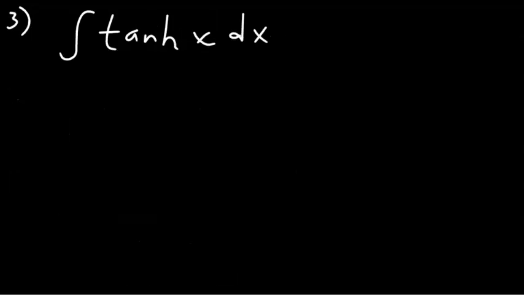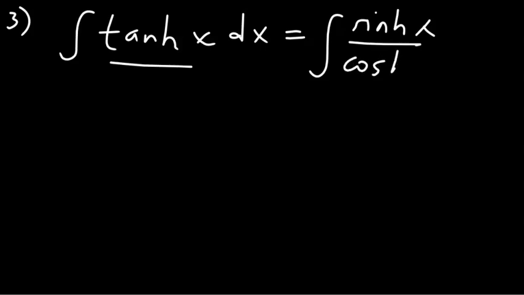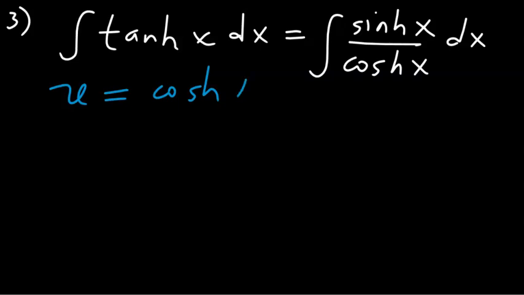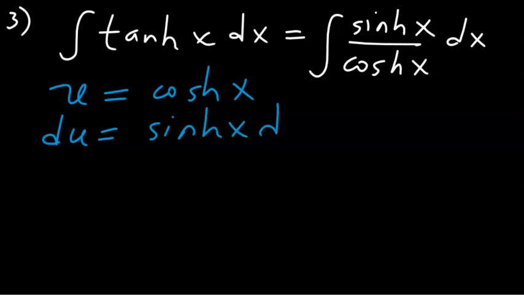What about this integral? Let's rewrite that in terms of hyperbolic sine and hyperbolic cosine. Hyperbolic tangent is hyperbolic sine of x over hyperbolic cosine of x dx. Now we can set hyperbolic cosine of x to be u. So the differential of u is just hyperbolic sine of x dx.